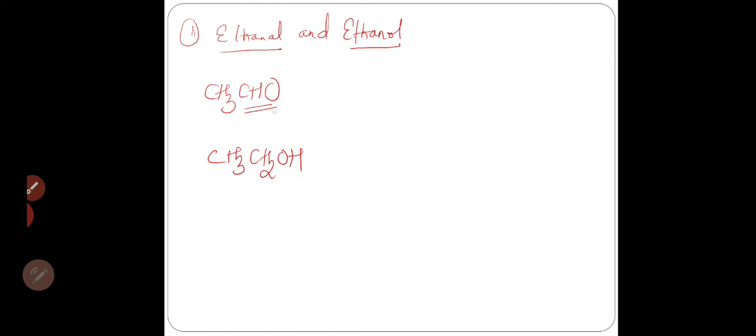Again, this is an aldehyde and this one is an alcohol. So again, the aldehyde, we have to do the Fehling test. The Fehling test reagent is Cu2+ and OH-. Now you will get a red precipitate, Cu2O. You write red PPT.